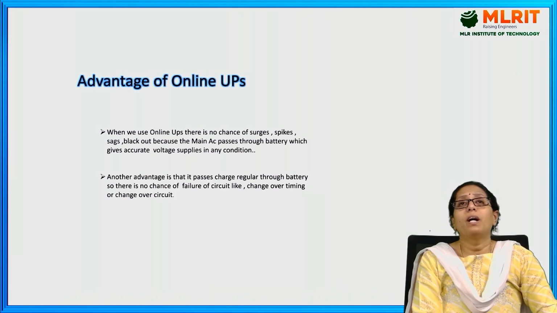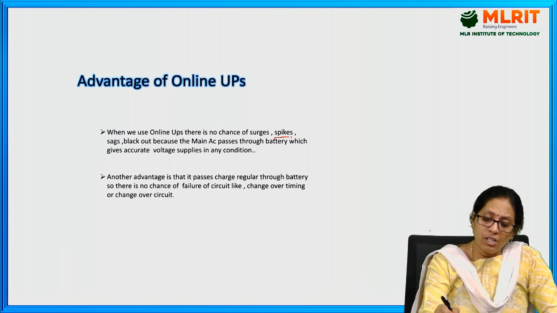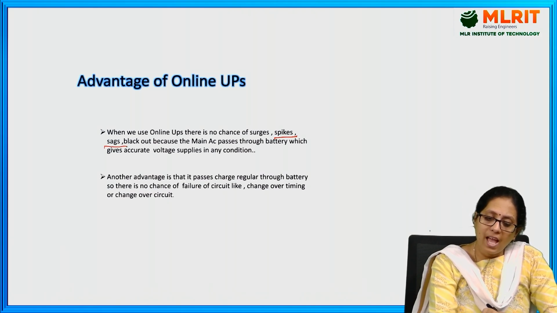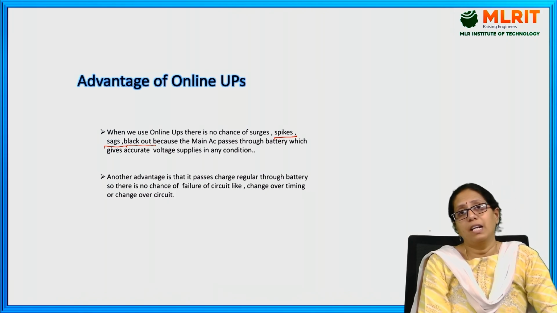What are the advantages of online UPS? When we use online UPS, there is no chance of surges, spikes, sags or blackouts, because the main AC passes through the battery, which gives accurate voltage supply in any condition.